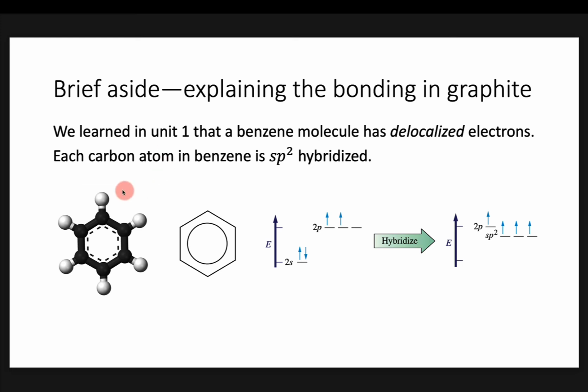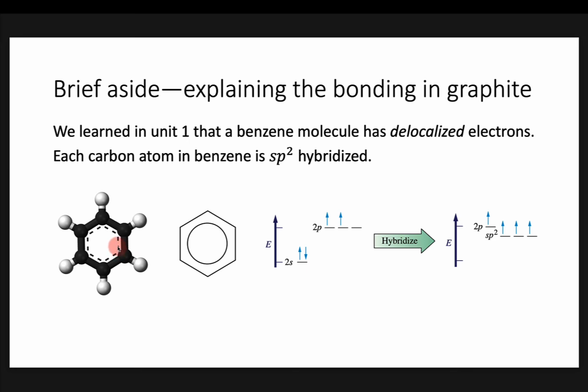So this is a benzene molecule. We saw benzene molecules in our organic chemistry unit. And a benzene molecule has 6 carbon atoms bonded in a ring. We learned that whenever you draw benzene, it's not really correct to draw benzene as having alternating single and double bonds.